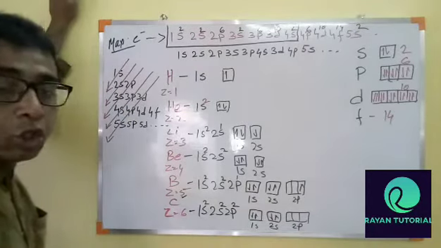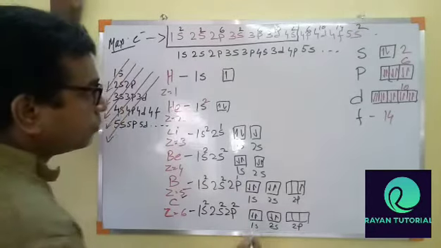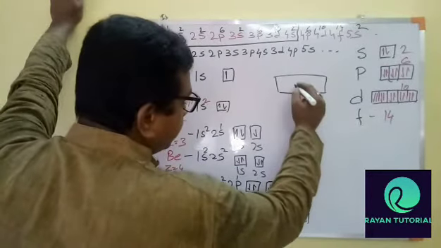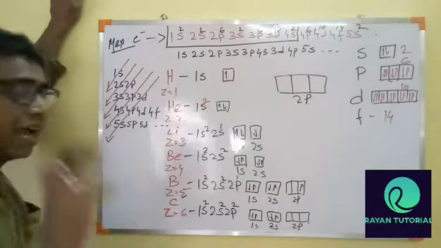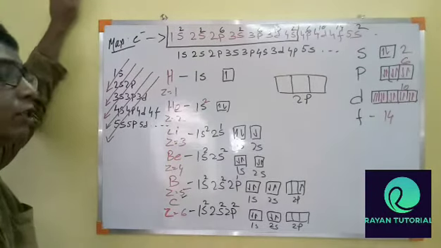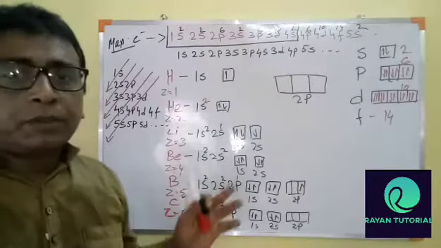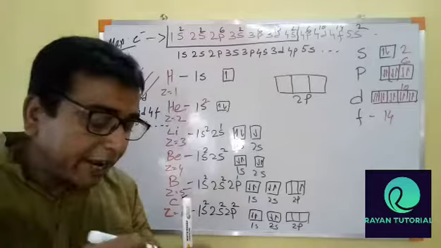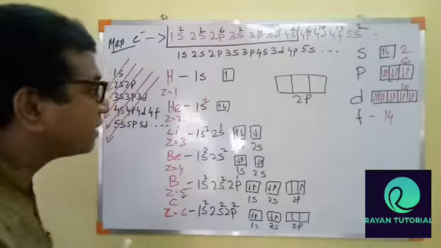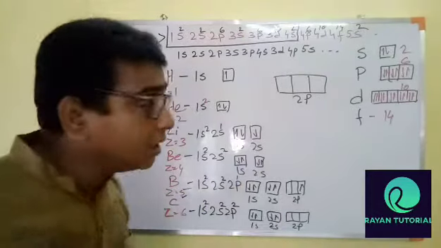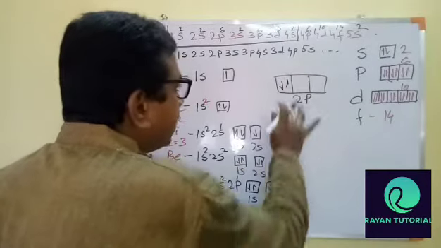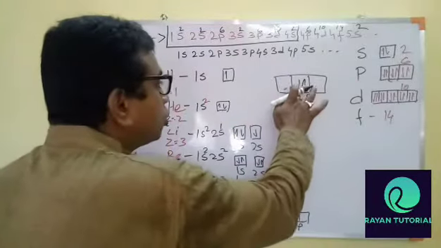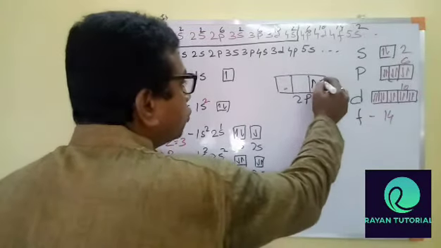Now how will you put 2? See, suppose this is the 2p subshell. I am drawing it here for your understanding. I have to put 2 electrons. Maybe say 2 of you are there. There are 3 rooms. So how can you stay? Both of you can stay in the same room, here, or you will say no, I will stay here, sir. Or the owner will say no, both of you have to stay here.